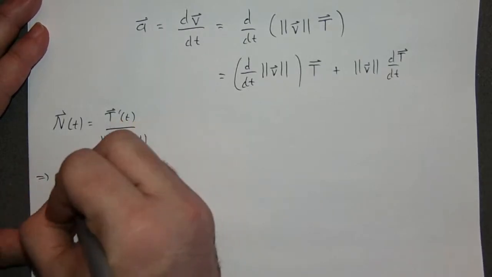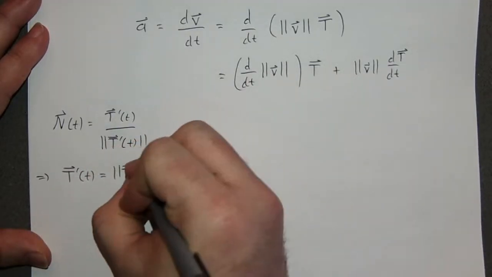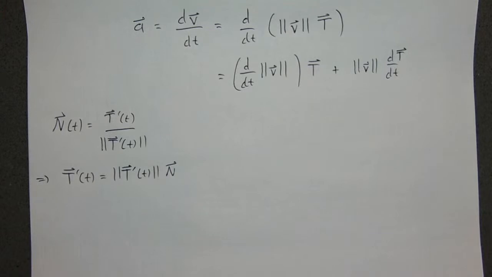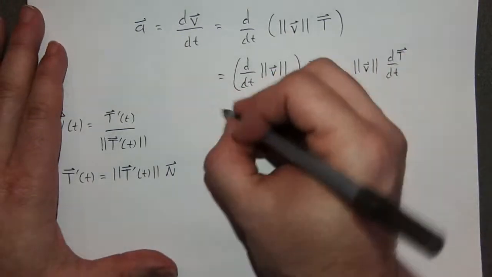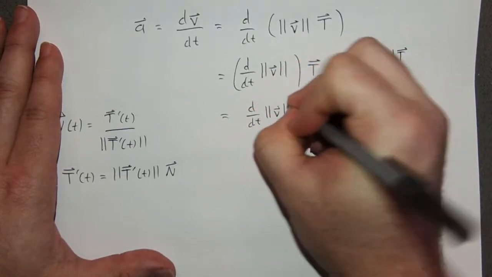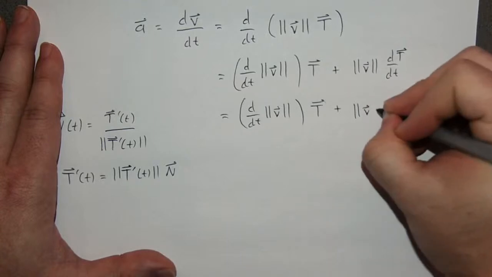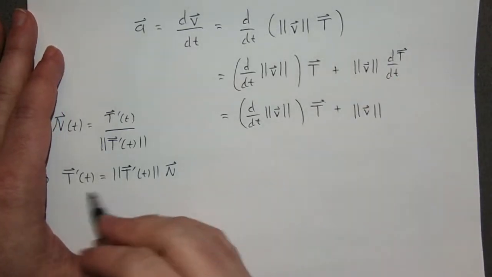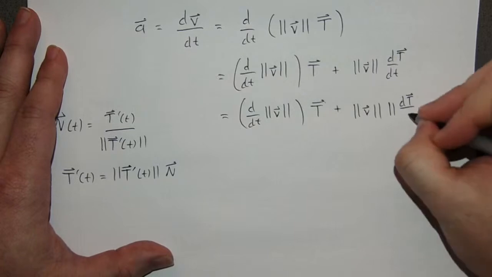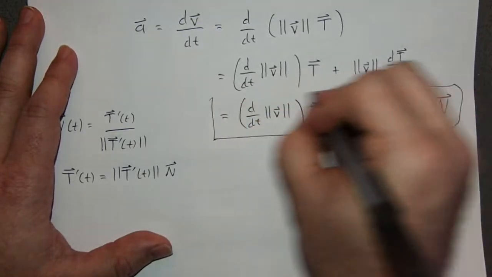So another way of writing this is that T prime, which of course is dT/dt, is equal to the length of T prime of t times N. So rewriting this, this is d/dt of the length of v times T plus the length of v times dT/dt, which we've seen is the length of dT/dt times N. And so we've done it.